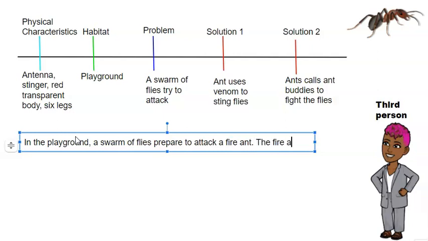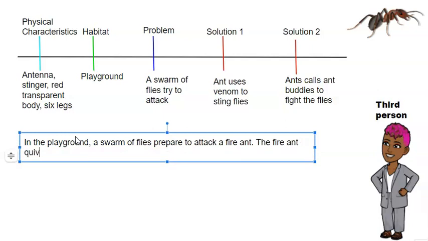Fire ant quickly raises its antenna and stinger. Scholars, I'm going to pause here. I said in the playground, that's me using my habitat. I said a swarm of flies prepared to attack a fire ant.